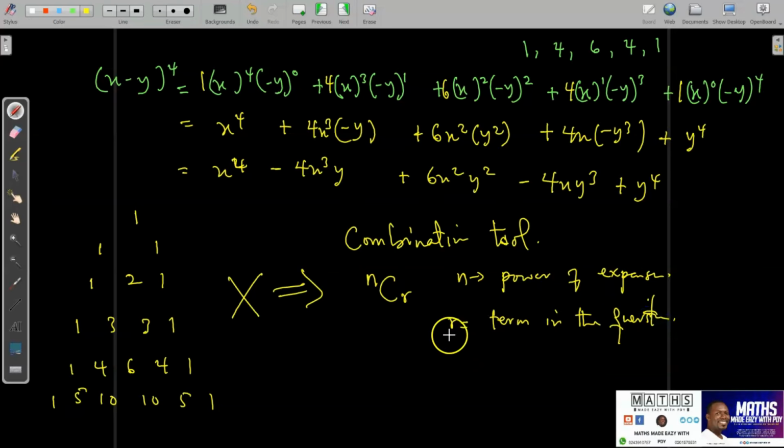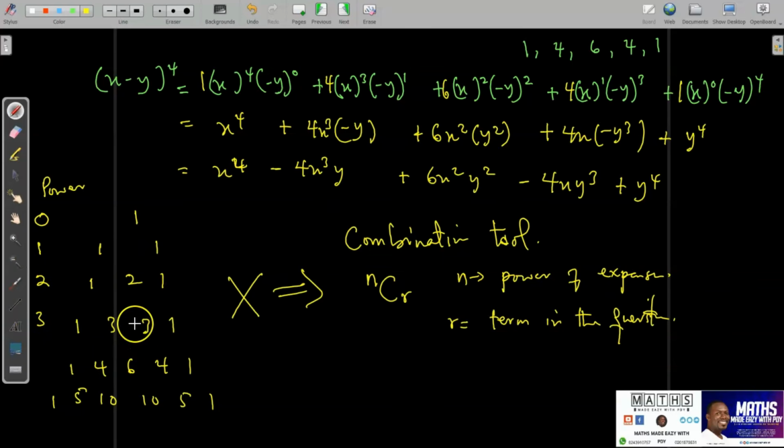Now we found out that when it comes to power 0, we have only one term. When we have power 1, we have 2 terms. When we have power 2, we have 3 terms. When we have power 3, we have 4 terms, and it goes on and on.